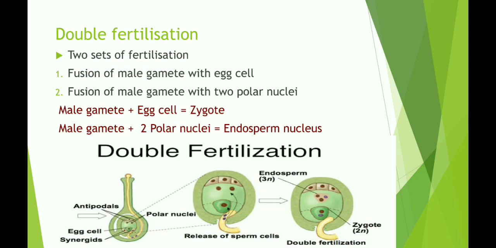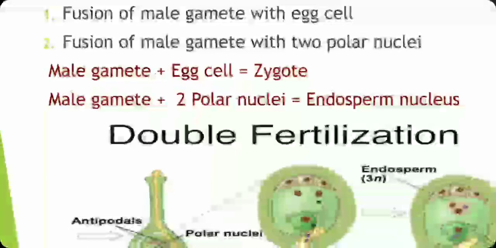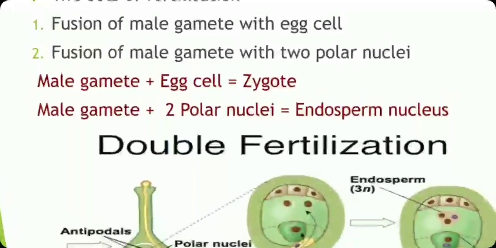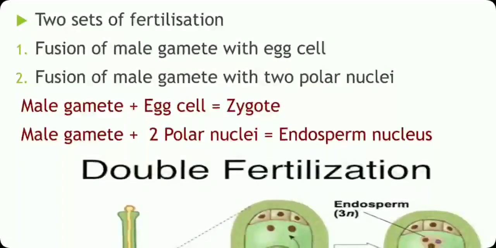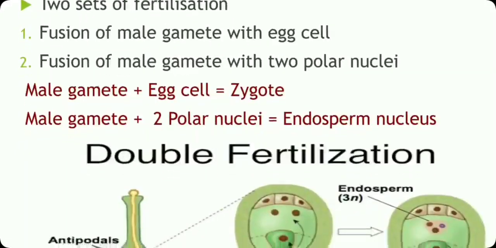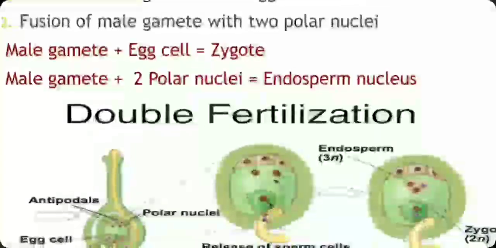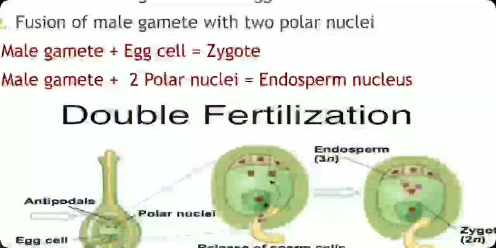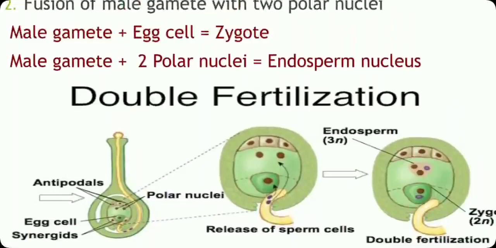Very simple. When the male gamete fuses with the egg cell, it forms the zygote. And when another male gamete fuses with the polar nuclei, it forms the endosperm nucleus. In the picture, this is very clear.